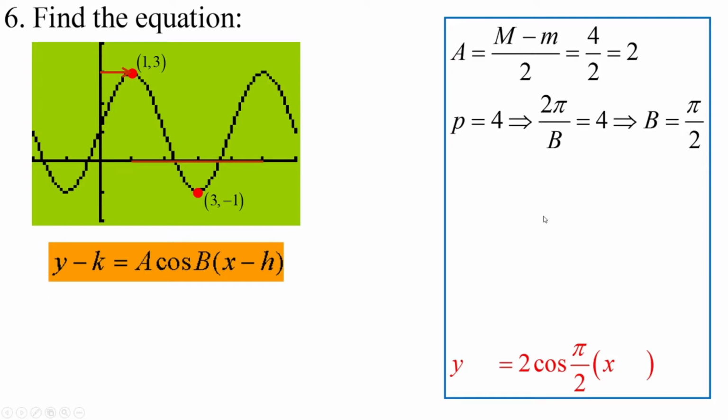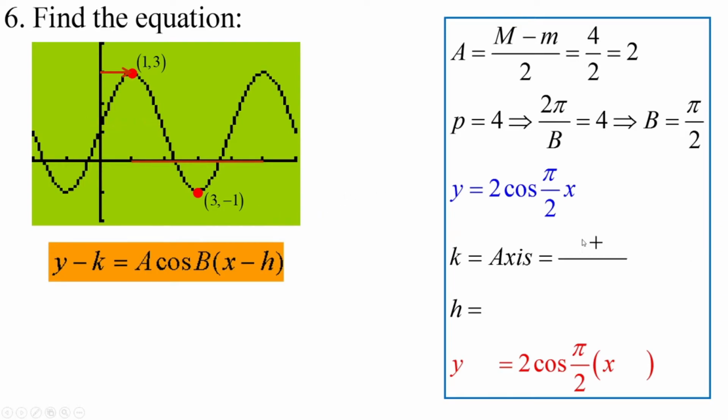Okay. Now, next, my horizontal and my vertical translation. Well, right now I know I have y equals 2 cosine of pi over 2x, and if I can throw in a minus h and a minus k, I am done. All right, so what's my k here? Well, there's a formula for k just like amplitude, except instead of a minus, we have a plus. That's the axis of this graph right here. That is the horizontal line that goes right through the middle of the sine wave.